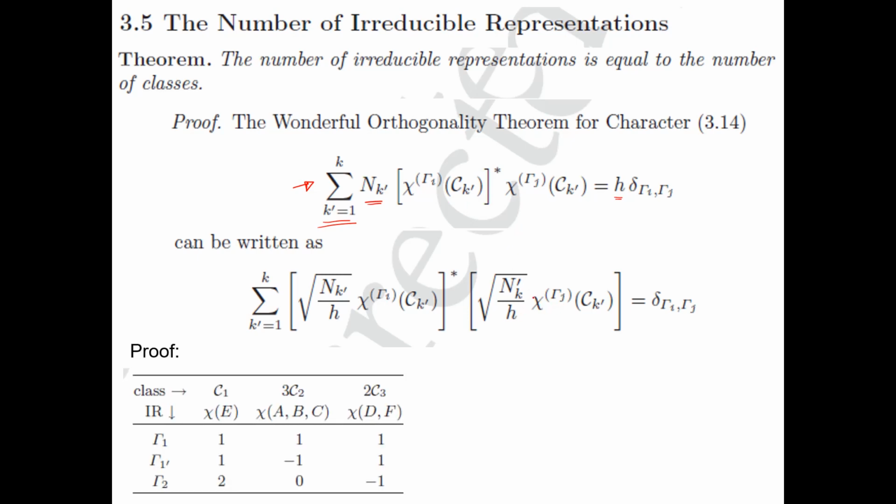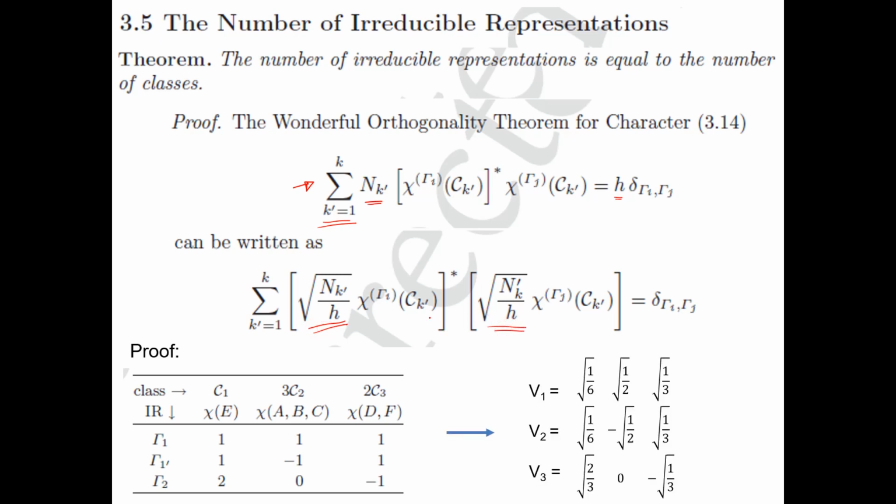Okay. So let me just rewrite the character table of the P3 group by normalizing the characters using these factors. If I do that, this is the result I get. For instance, this row becomes this row, the second row becomes the second row here, and so on and so forth.